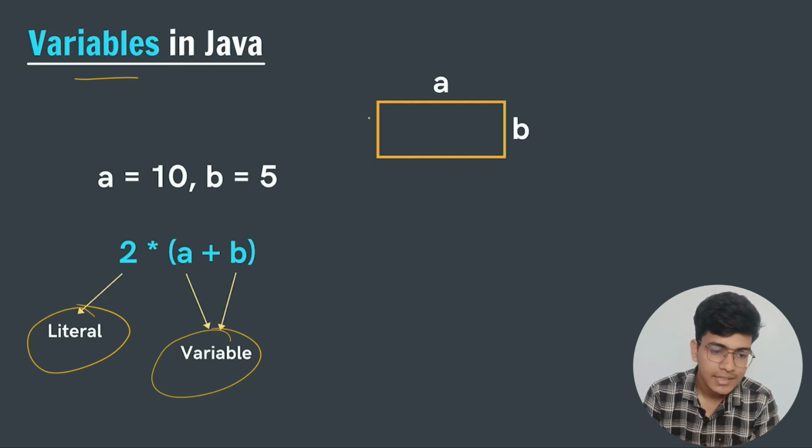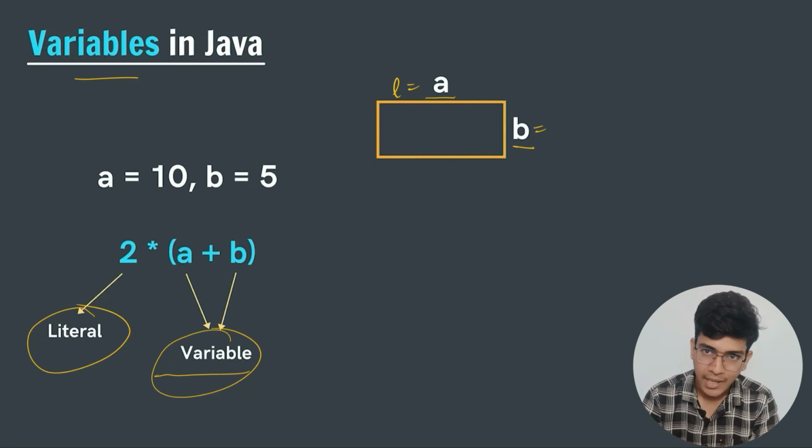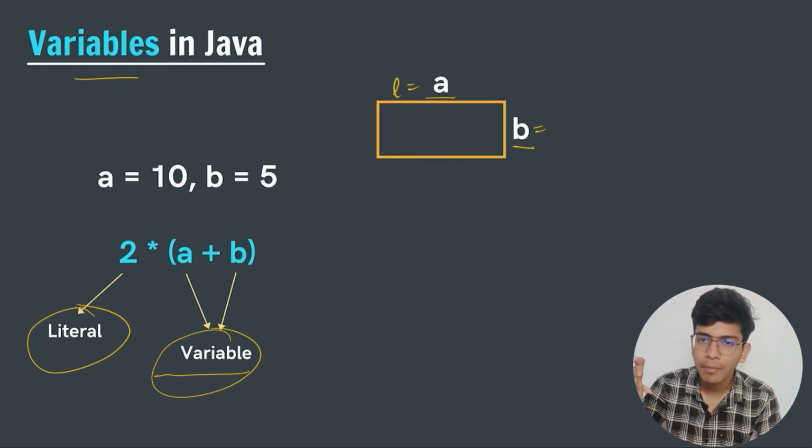Here this is a rectangle, right? So this is A and B. Let us consider the length A and the breadth B. Variables are values which may change in the program based on the input value from the user. We haven't studied how we can take input from the user, but understand that whatever values we store in a particular variable can be changed, whereas a literal's value can't be changed.